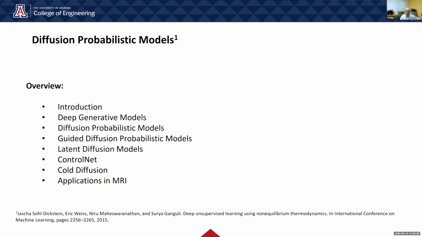I'll introduce deep generative models, talk about the diffusion models, and then talk about a few recent extensions of these. And this little bullet at the end is what I've done with this. I've been playing around with it in some MRI applications. I'll just show you the things that I've done and what I imagine it could be used for also.